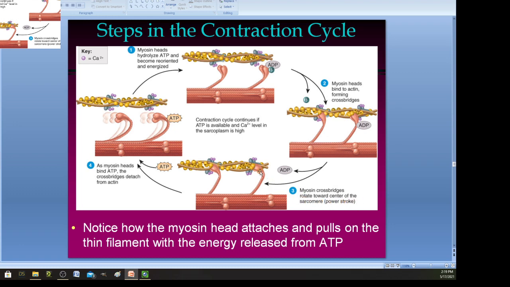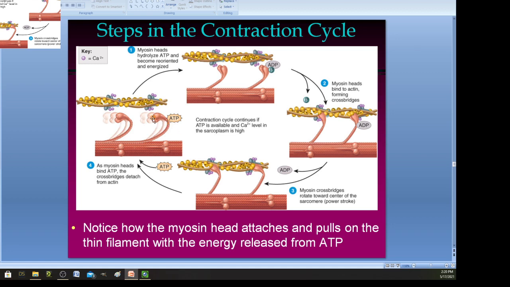So this actin and myosin are attached together. The myosin's going to pull on the actin, and that's going to contract your muscle. That's called a power stroke. Now, when that occurs, we burn the energy, and the energy's gone. So another ATP must jump on to the myosin to charge it again.